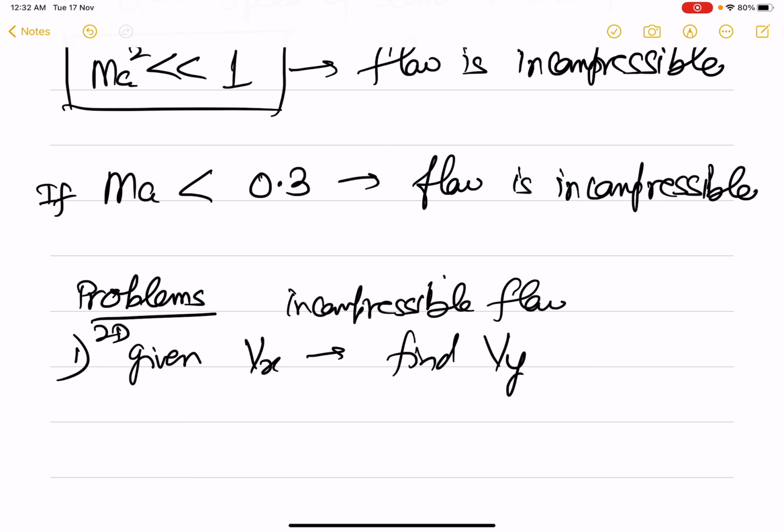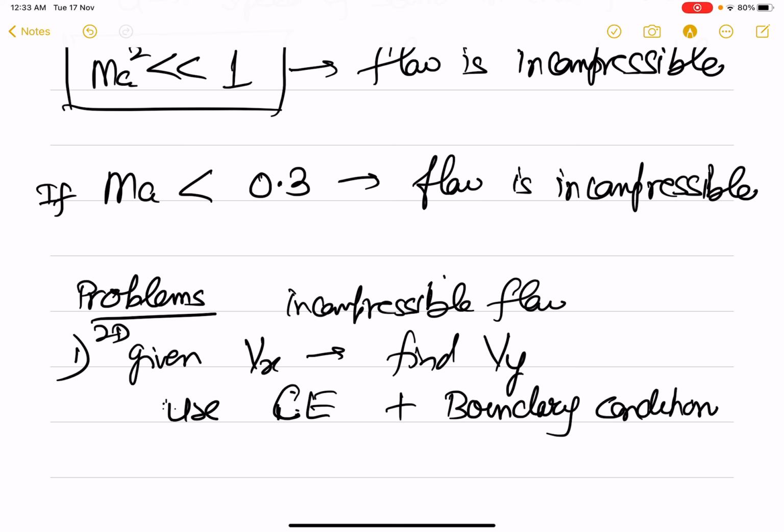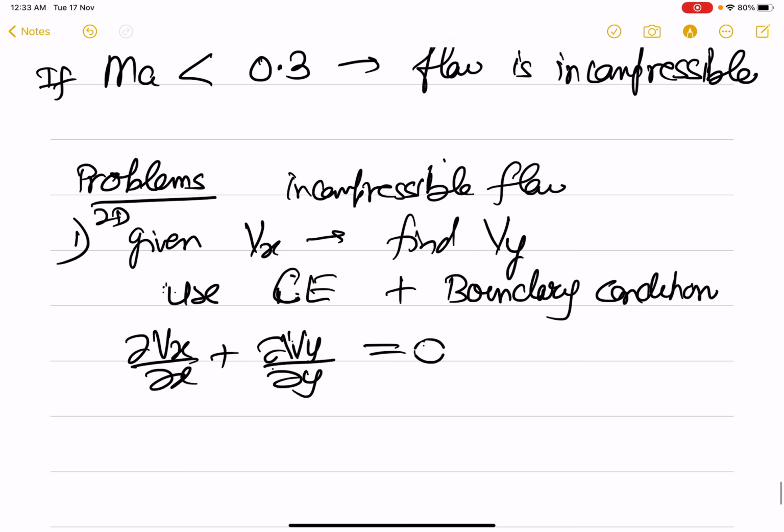And here you will have to use the continuity equation, and you may need to use some boundary condition, because when you equate, your equation is partial Vx by partial x plus partial Vy by partial y is equal to 0. So you are given Vx, you differentiate that with respect to x, and so you get partial Vy by partial y is equal to minus partial Vx by partial x.